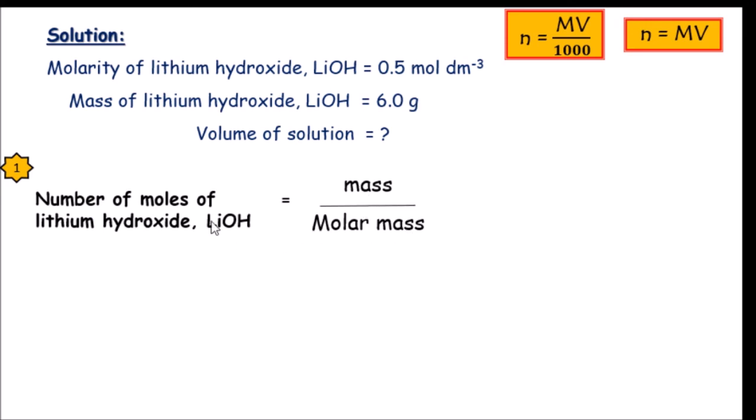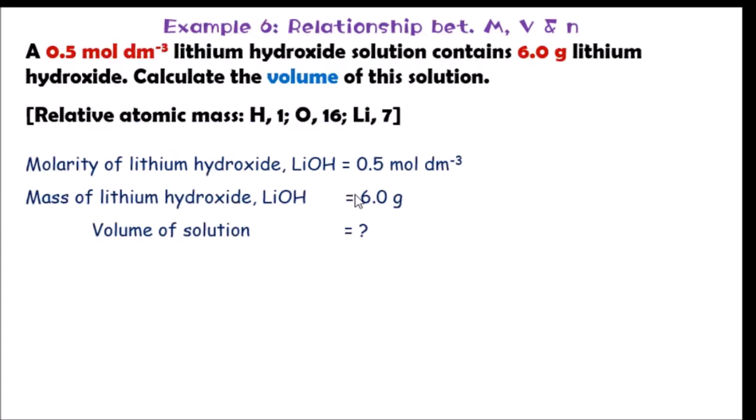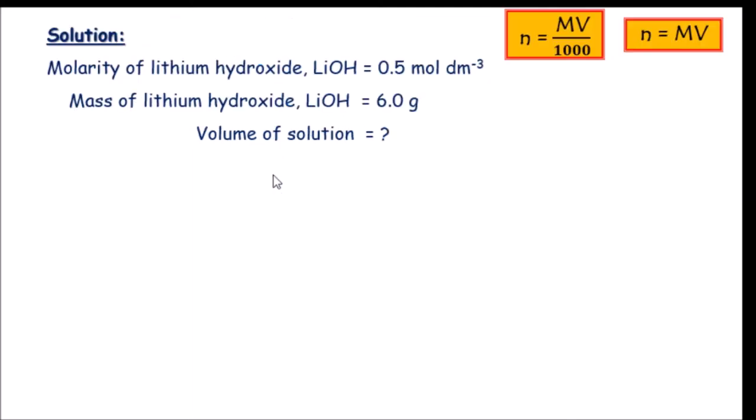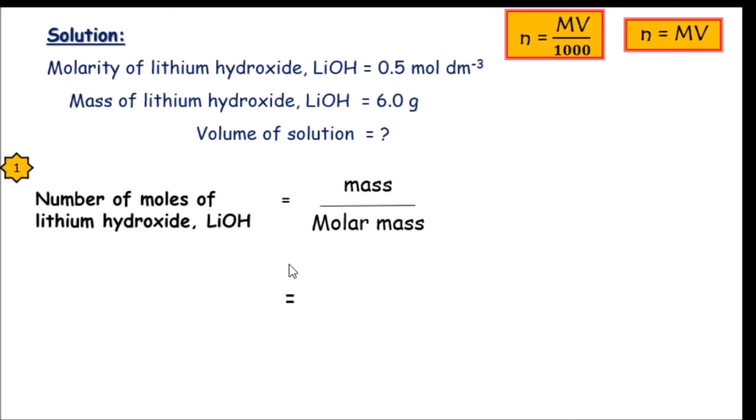So mass of the lithium hydroxide is 6.0 gram. And you already know the relative atomic mass, so from here you can get the molar mass of the lithium hydroxide. So 6 over molar mass of lithium hydroxide. 7 is relative atomic mass for lithium. 16 is RAM of oxygen. 1 is RAM for hydrogen.